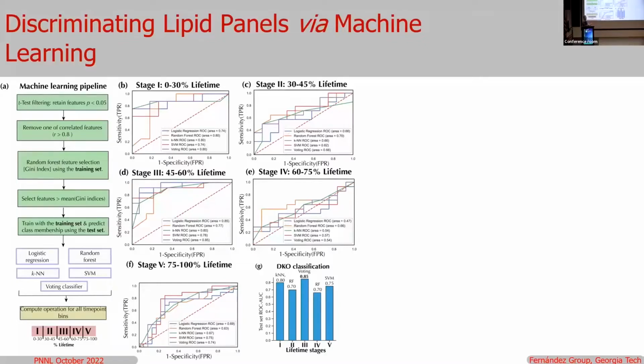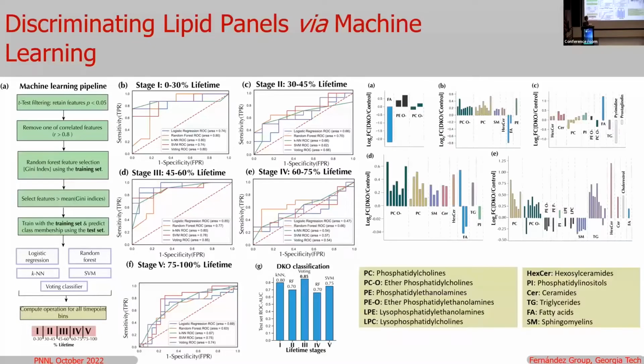They're not that successful. And part of that is that we're only using the molecules that we are able to annotate. So there could be better information in the metabolome of molecules that we haven't annotated, but this is the first pass. I'll show you a little bit more about what we do. So what you see here is, for example, that a voting classifier that uses kind of a consensus approach has the best success for lifetime stage 3.